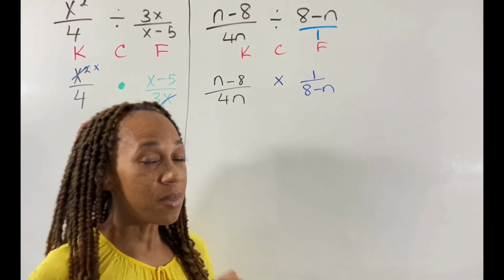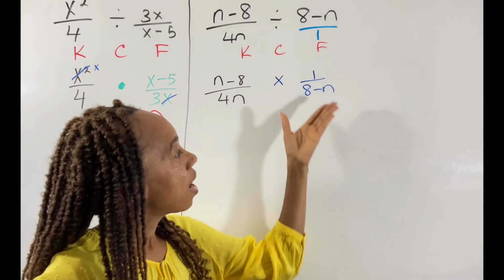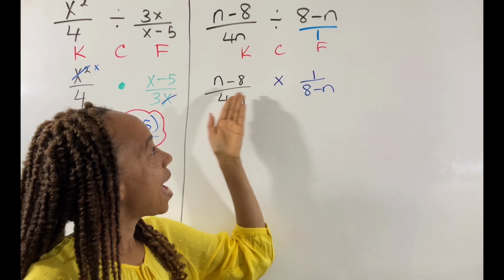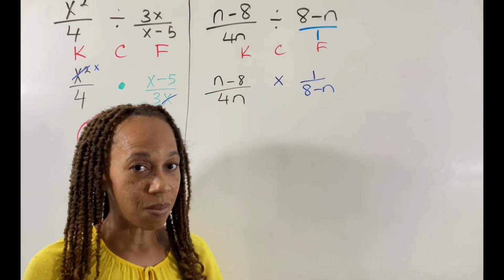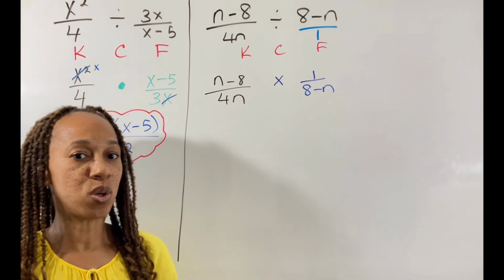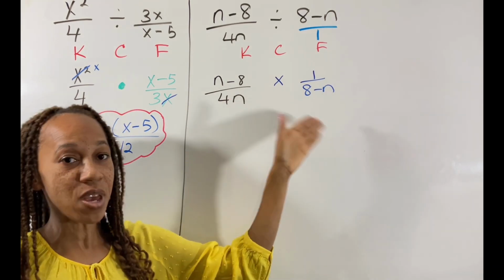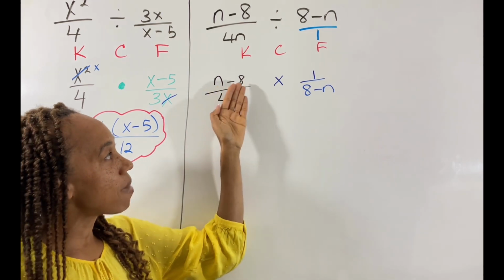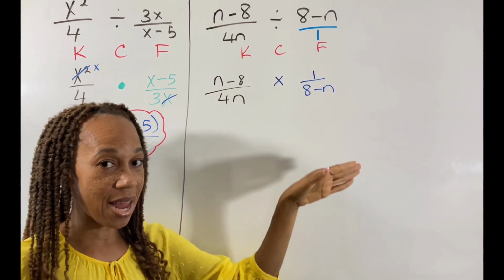Guess what? There's something that I must tell you about this 8 minus n and this n minus 8. If you look at these two factors, you will notice that they are the additive inverse, meaning they are opposite. You have n minus 8 and you have 8 minus n.